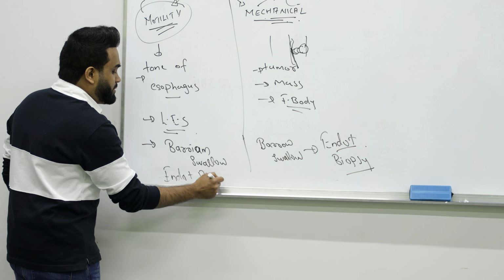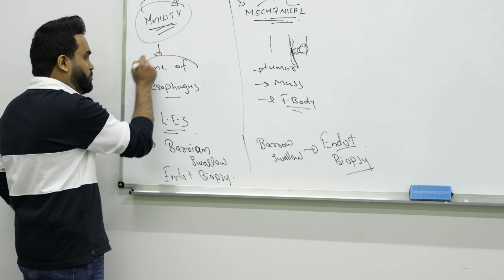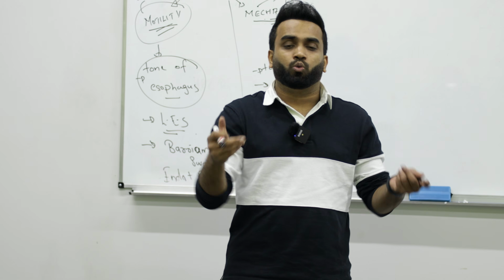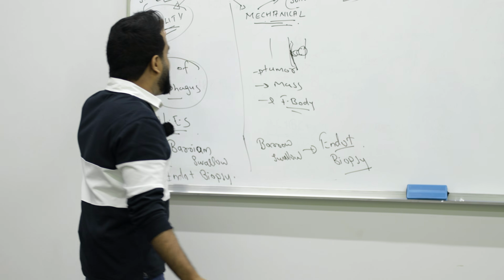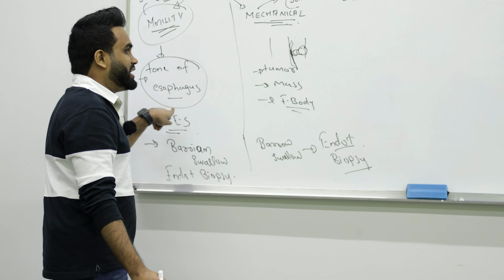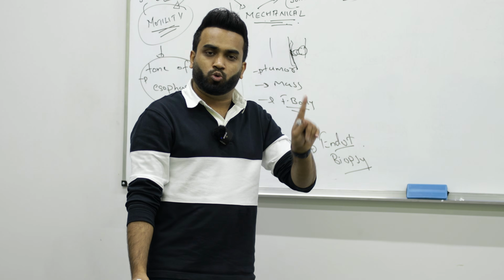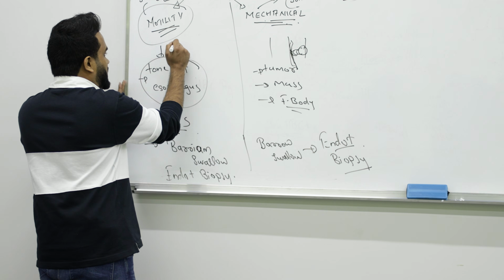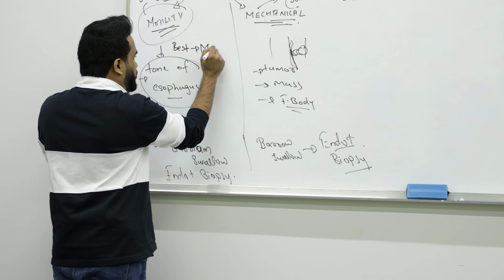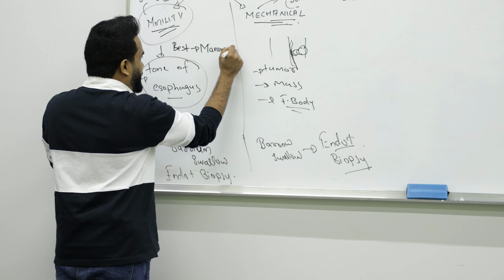But always remember, here I told you the problem is the tone of the esophagus or pressure, how they are working. So if they ask you anything about motility-related dysphagia of solid and liquid, and you understand the problem is in esophagus pressure or movement, the best scan here is something called pressure manometry. What is the correct answer?